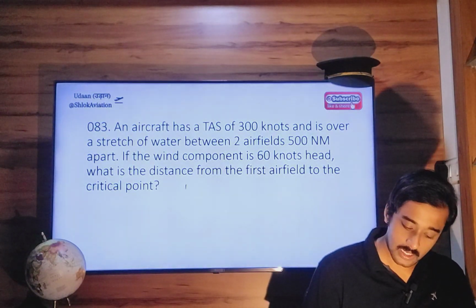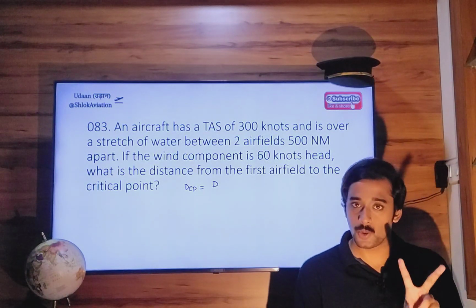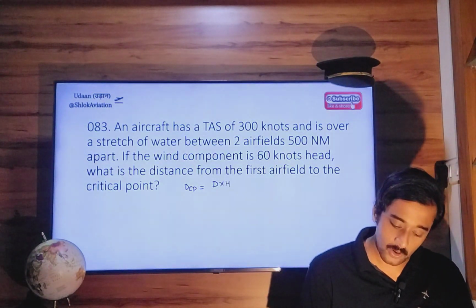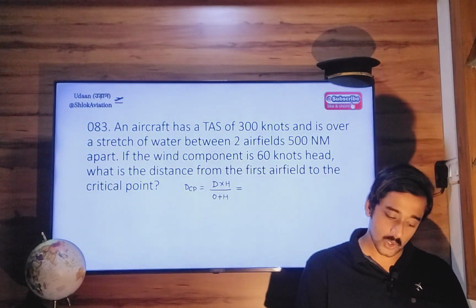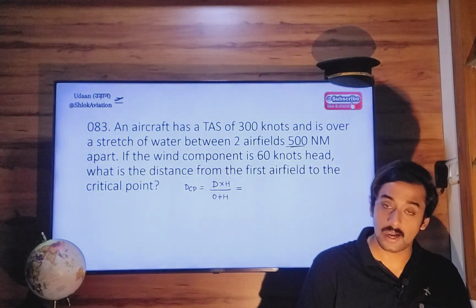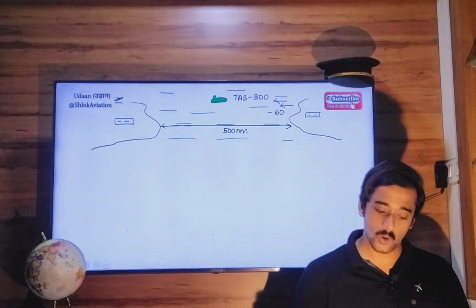So distance to critical point is equal to total distance between the two airports multiplied by homebound speed divided by outbound plus homebound. We have the total distance between the two airports, 500 nautical miles. Now let's find outbound ground speed and homebound ground speed.